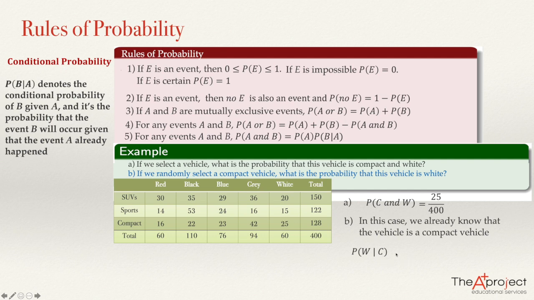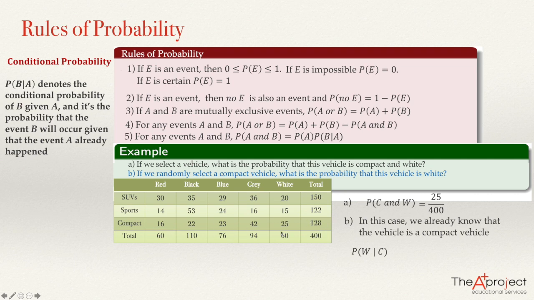In this case, we are analyzing only the compact vehicles. So we know that the vehicle is compact. So we know that this is one of these 128 vehicles. So I'm not going to see the others. So if we want to compute this probability, it will be good to use as the whole sample space the 128, because I'm selecting one of these. So we know the vehicle is compact.